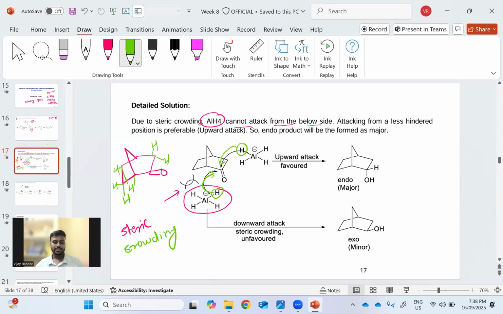So when the hydride attacks on the above side, this hydrogen comes on the equatorial position, and the hydroxy will be on the downside at the endo position, the hydride on the exo position.